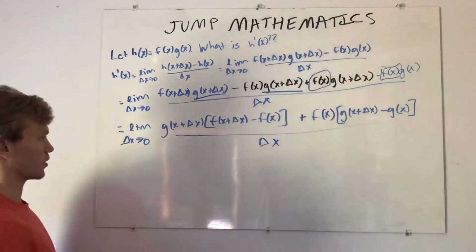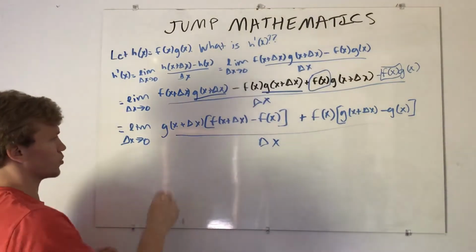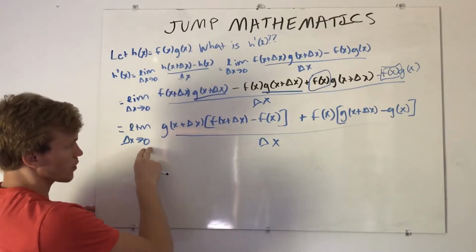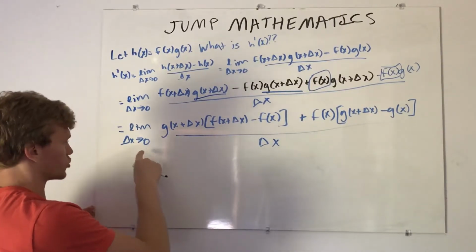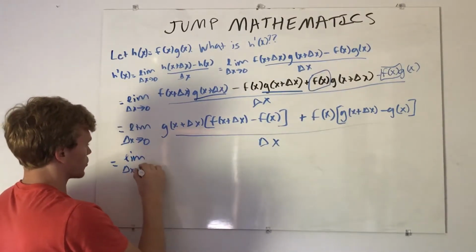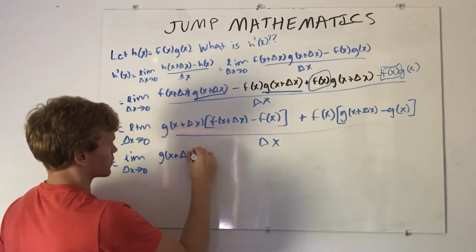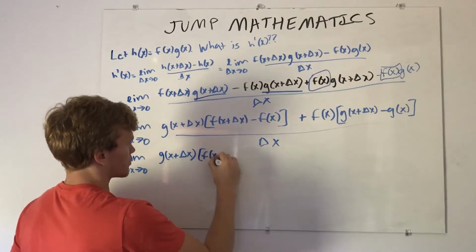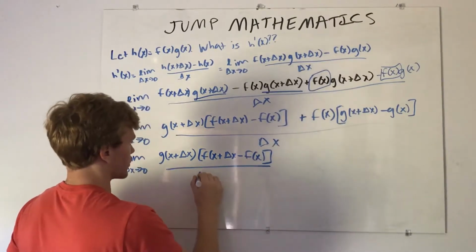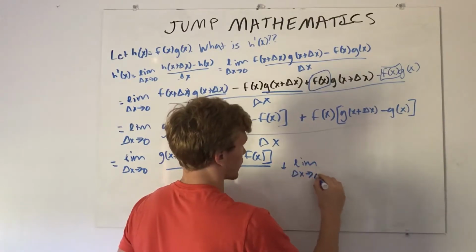Okay, let's go ahead and simplify a little bit more. So what I'm going to do is distribute the limit into both of these. I get limit as delta x goes to 0, g of x plus delta x times f of x plus delta x minus f of x all over delta x, plus limit as delta x goes to 0.